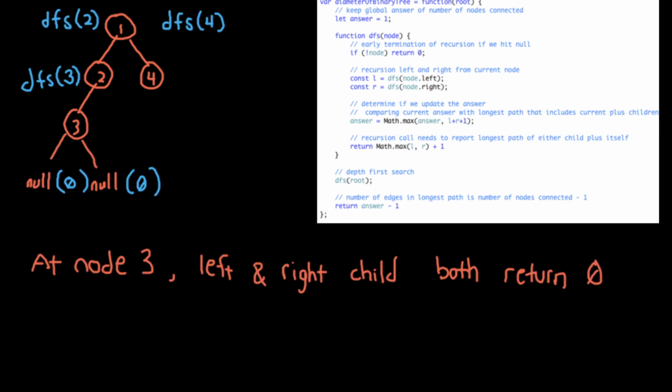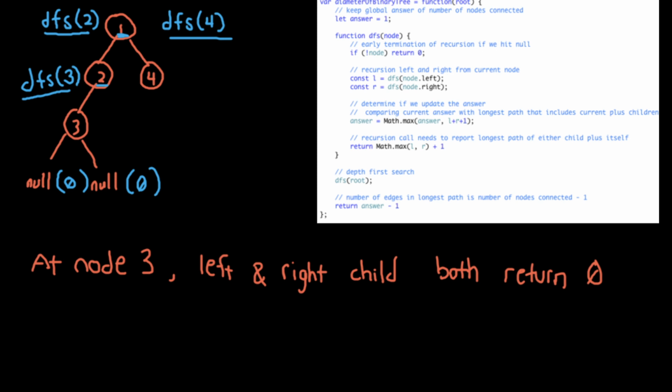Okay? So, this is our tree, 1, 2, 3, 4. In step 1, when you are at node number 1, you're making DFS call to your left child, node 2, and a DFS call to your right child, node 4, right? Left child call happens first. Now you're at node 2. Node 2 says, let me call my left child at 3. When you get to the left child, you call DFS on your children.